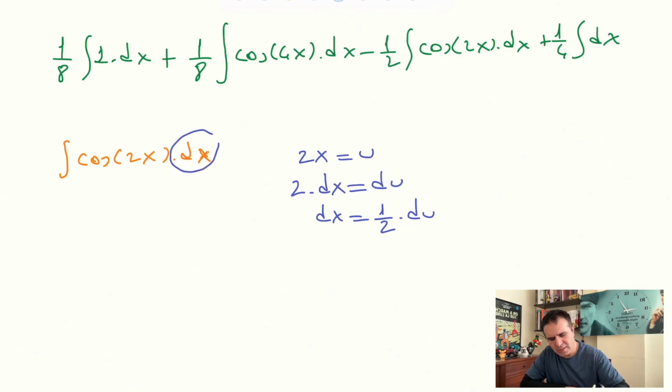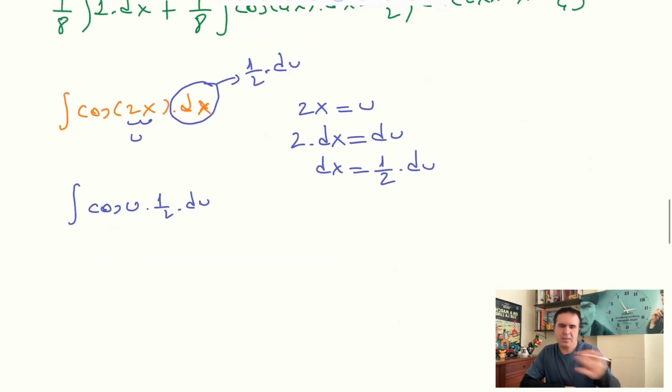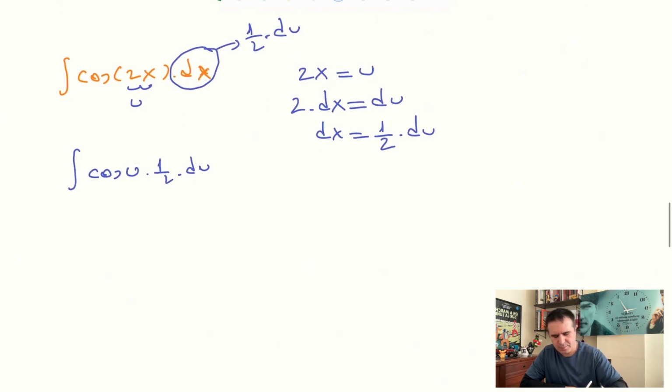Then for this integral, we will say dx will be equal to 1 over 2 du, and for 2x we will say u. Then the integral becomes integral of cosine u times 1 over 2 du, and take 1 over 2 outside. The integral becomes 1 over 2 cosine u du.